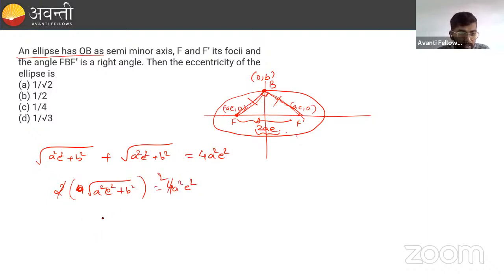Now if you square both the sides, we get A square E square plus B square equals to 2A square E square.